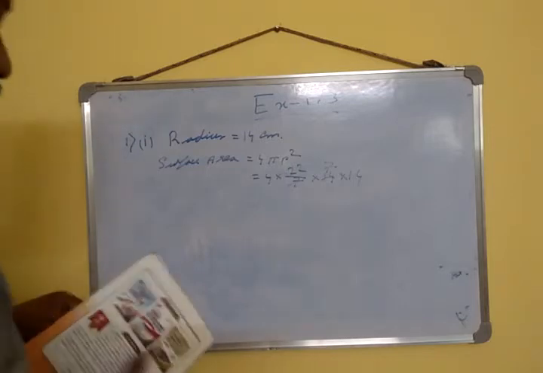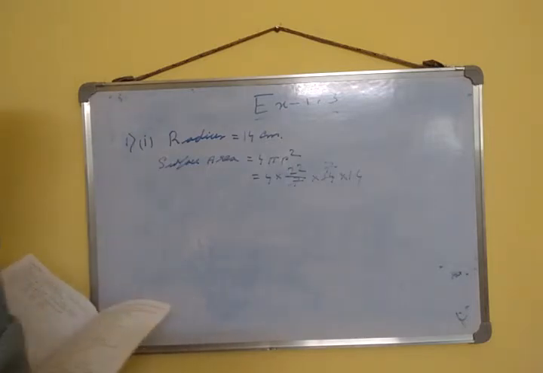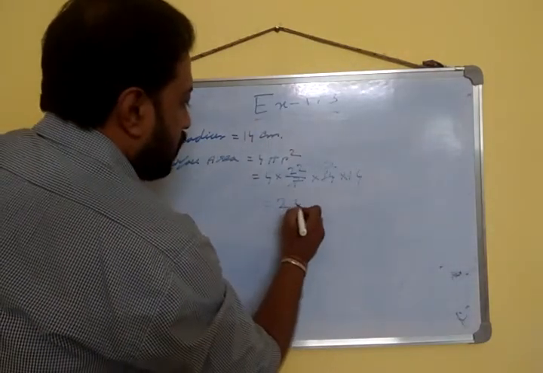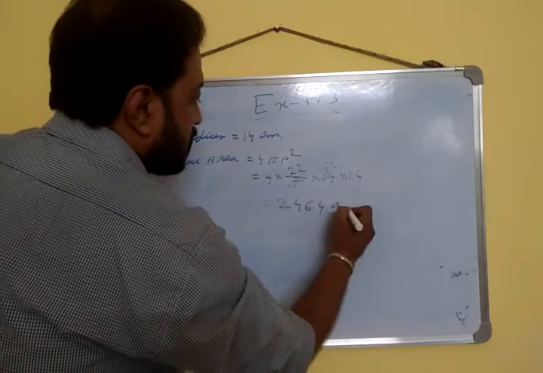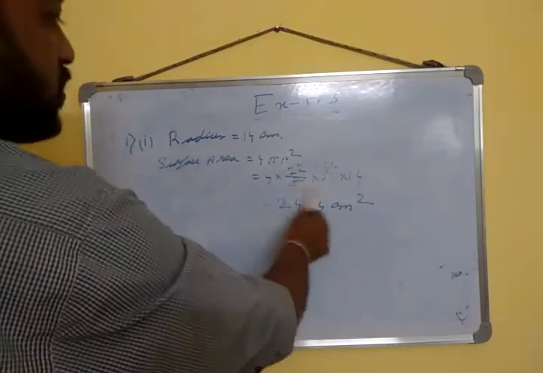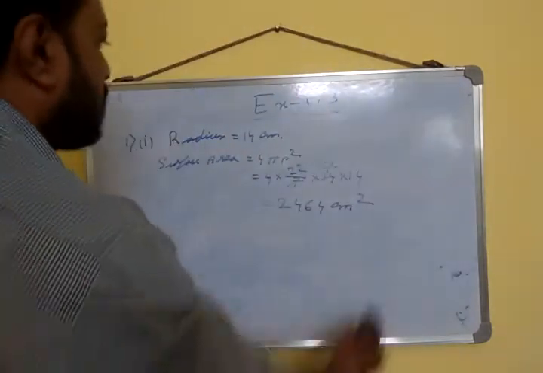It is 2464 centimeters square. Simply the formula is 4 pi r square, so 4 pi r into r. Simple one, I think. Just the calculation is big.